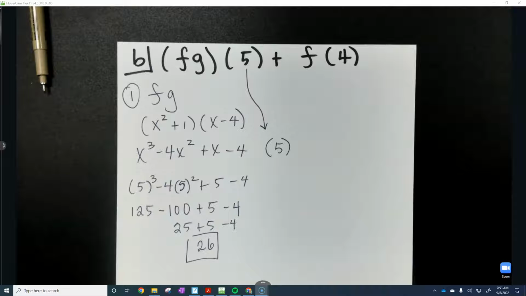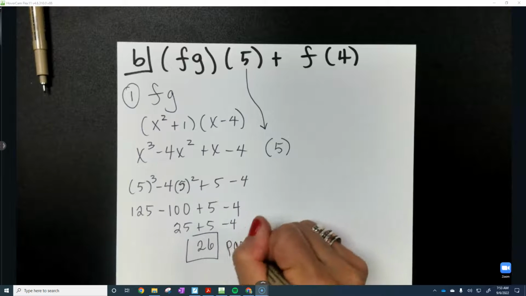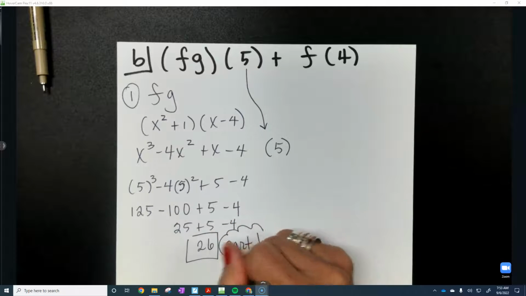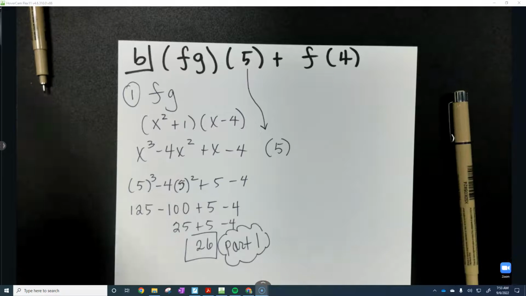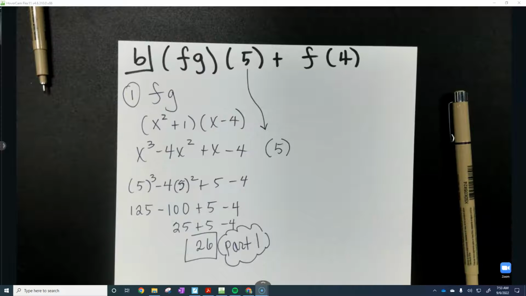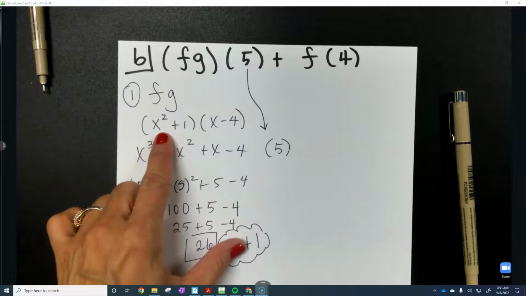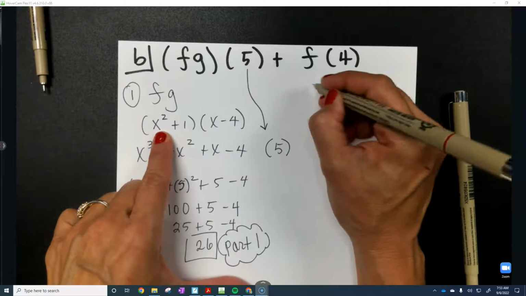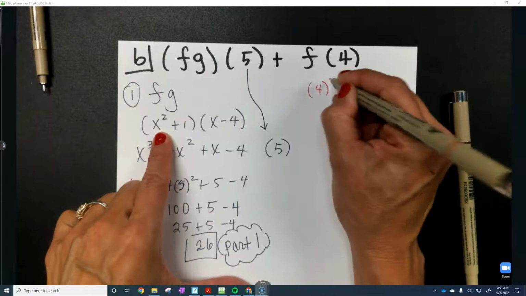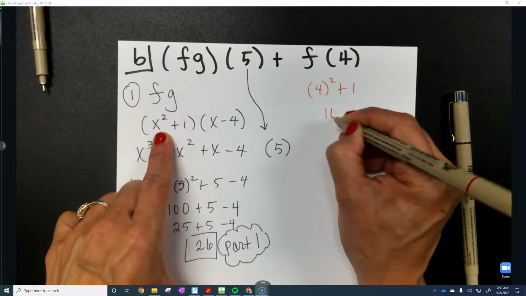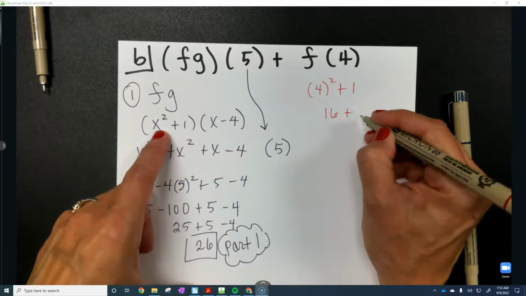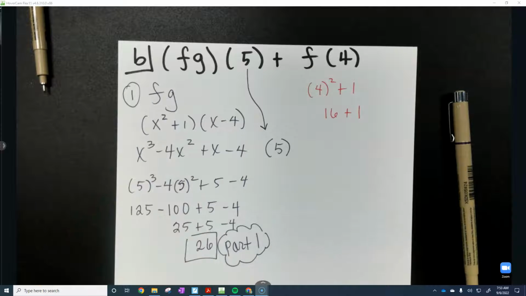All right, so remember, this was part 1. And remember, our last part is just to find f of 4 and add them together, guys. So remember, f of x was x squared plus 1. So this is going to be 4 squared plus 1, which of course is going to give us a simplified answer of 17.